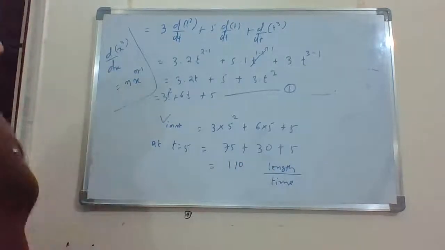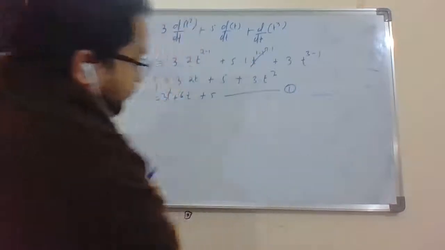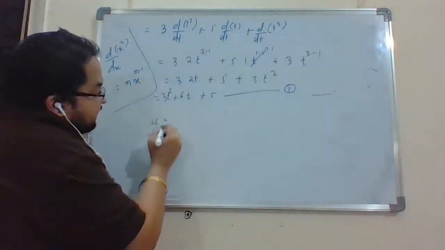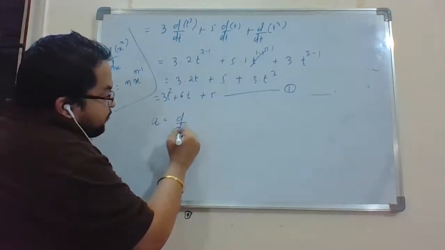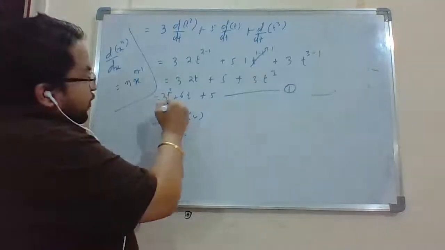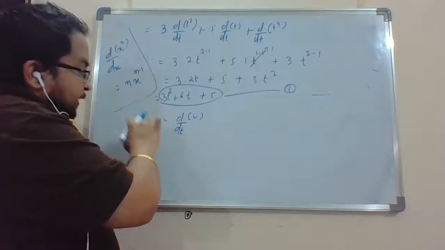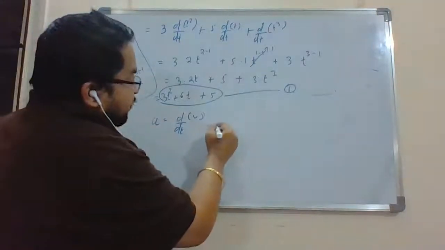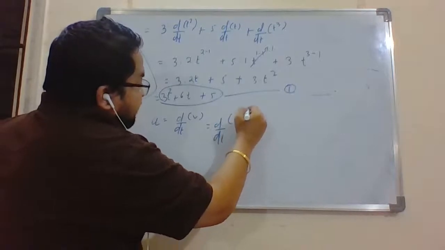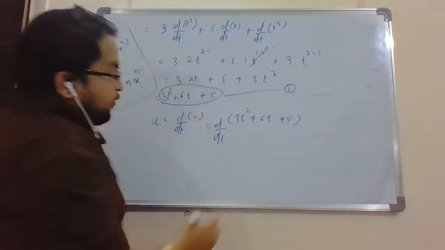That's it. Similarly, now what will be the acceleration? We know acceleration is nothing but d by dt of v, right? So now I have got the equation for v. I'll put it here and find out the equation for acceleration. So let's go ahead. d by dt of 3t squared plus 6t plus 5.